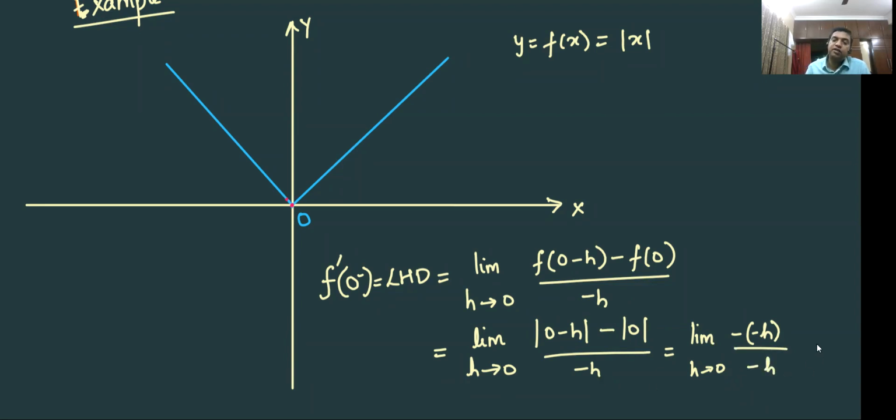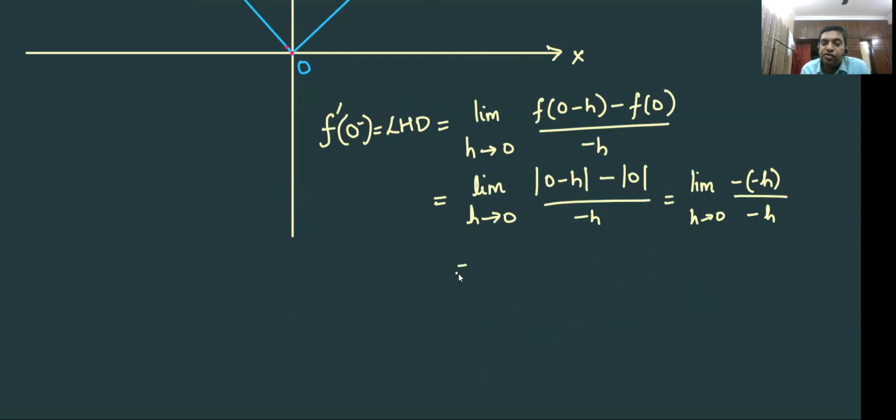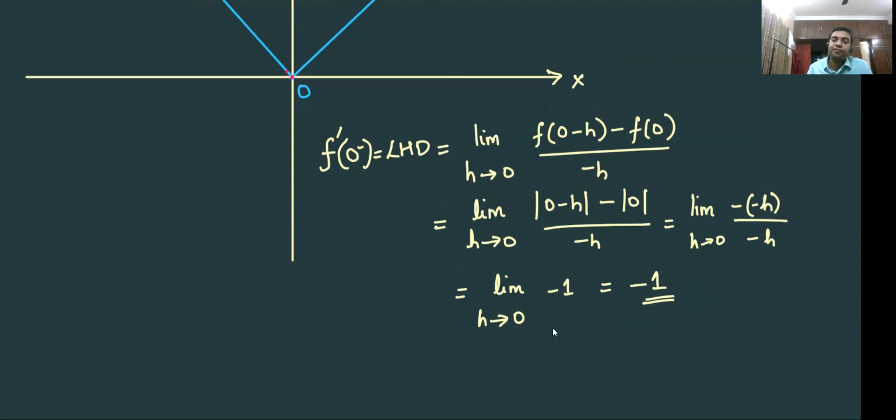So in the numerator, you get plus h. In the denominator, you get minus h. So numerator over the denominator is minus 1. As h tends to 0, the left hand derivative is minus 1.